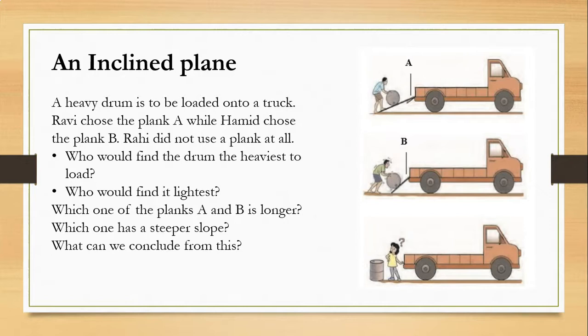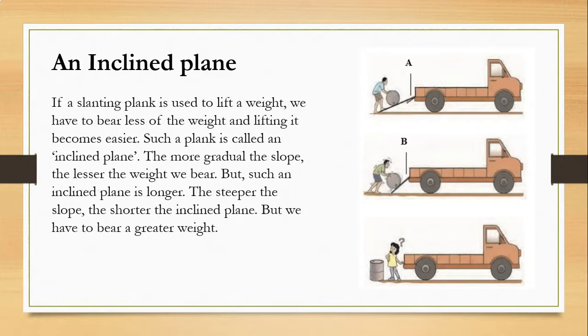Which one of the planks A and B is longer? Yes, you can see it. Plank A is longer. Which one has a steeper slope? Plank B has a steeper slope. So what can we conclude from this? If a slanting plank is used to lift a weight, we have to bear less of the weight and lifting it becomes easier.